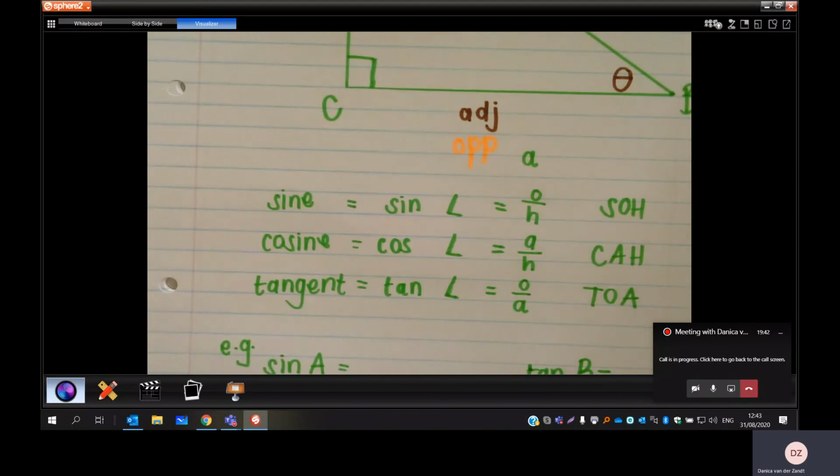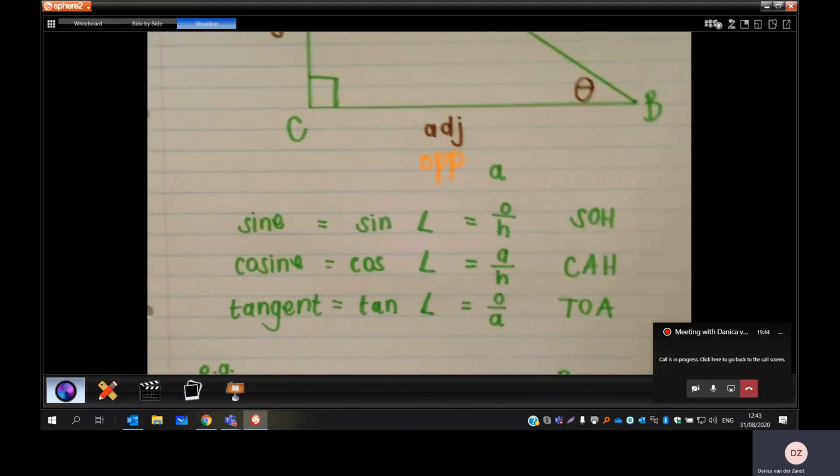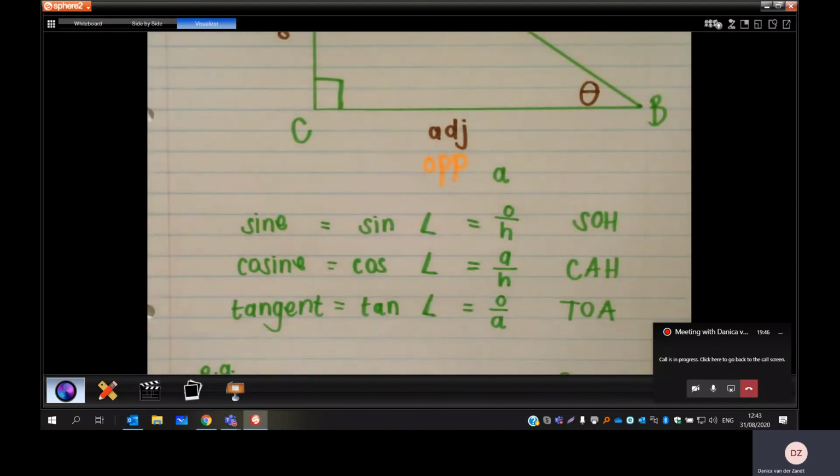But we'll see. Okay. So what we're going to do now is we are going to firstly identify the ratio, the opposite over hypotenuse, and then I actually want you to relate it to the side name. Okay. So I'm going to zoom out so we can see all of this in one go.